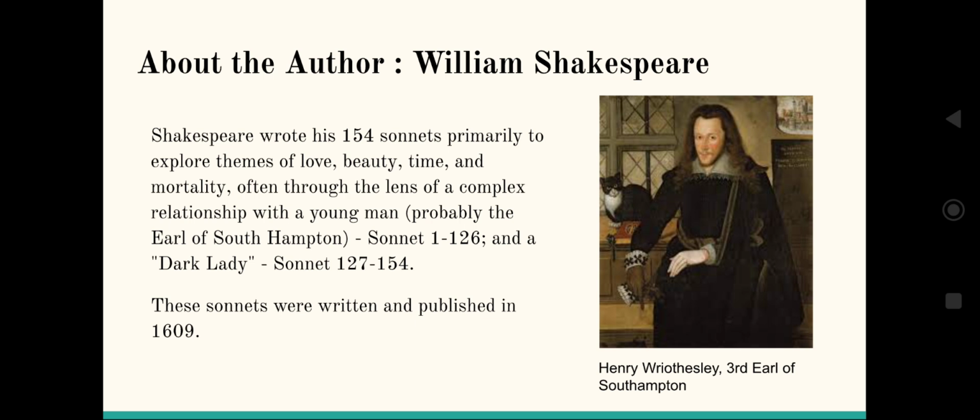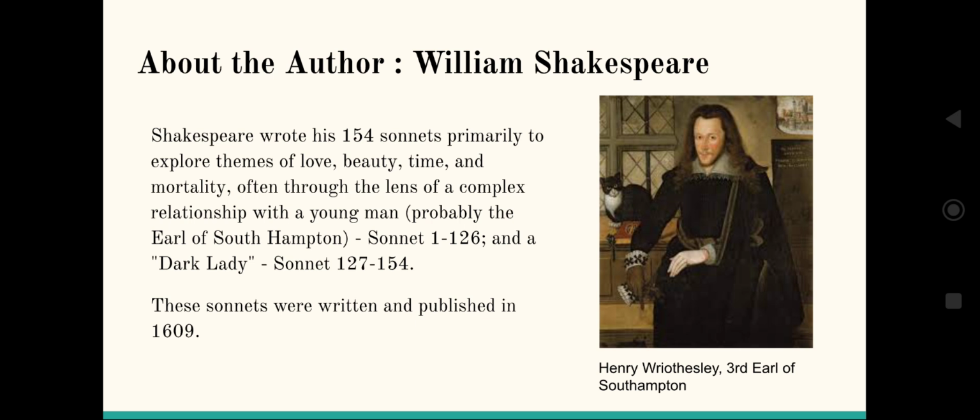You can see the picture on the left, and this is Henry Wriothesley, the third Earl of Southampton, for whom he had feelings, and for whom he goes on writing sonnets 1 to 126, and the sonnet which we are going to study, sonnet 116, is also written for him.